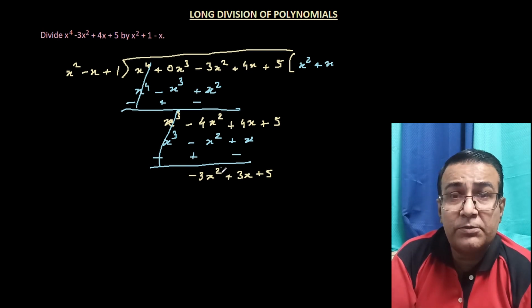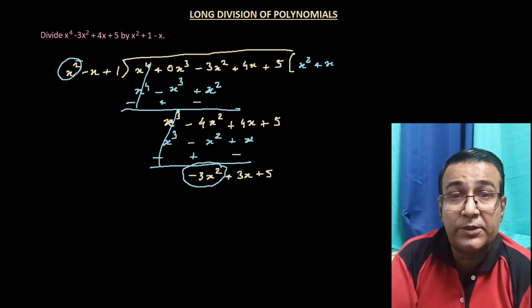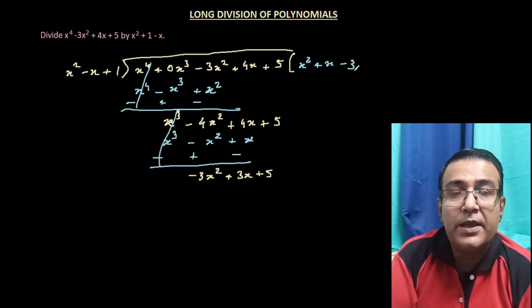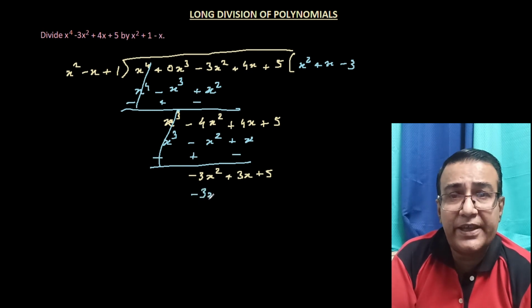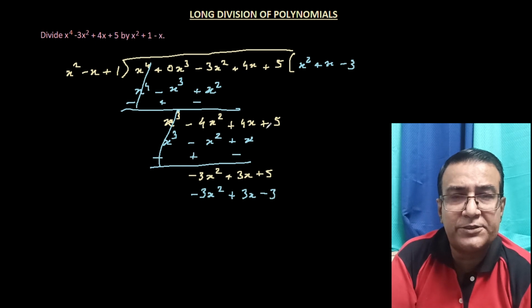So again, the first term of the dividend, minus 3x square, divide that by the first term of the divisor, which is x square. So minus 3x square divided by x square gives us minus 3. Write that in the quotient, multiply it by the complete divisor. So minus 3 times x square gives us minus 3x square. Minus 3 times minus x gives us plus 3x, and minus 3 times 1 gives us minus 3. Write that below the constant term.